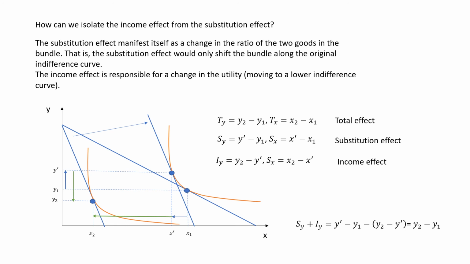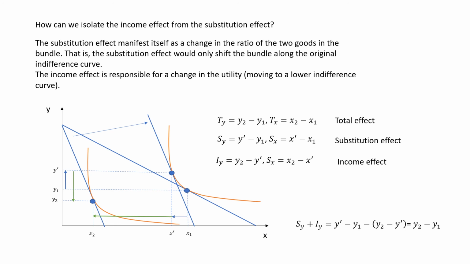But for Y, this is not so obvious. For Y, the substitution effect caused the consumer to consume more of Y. The reduction in real income forced the consumer to give up part of her consumption of Y. So the two effects have an opposite sign.